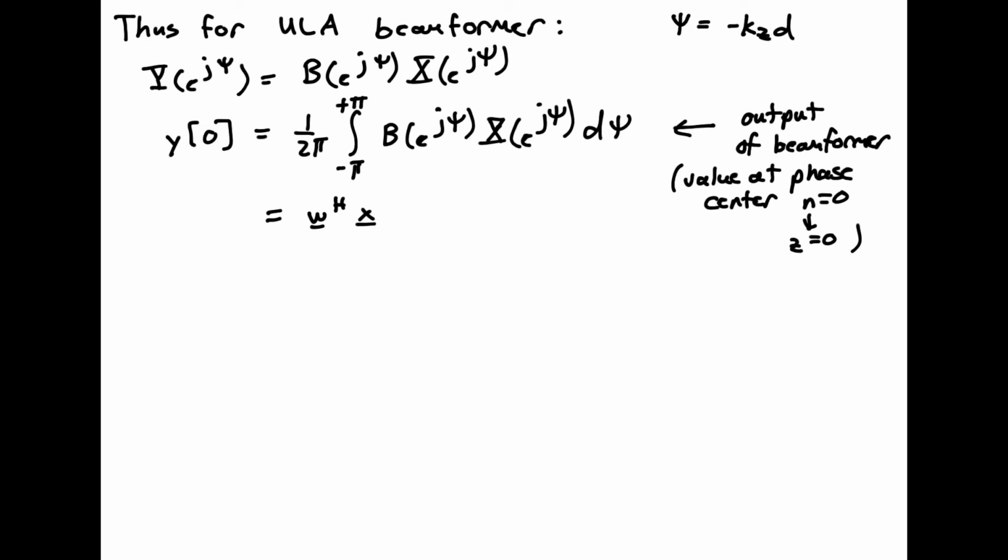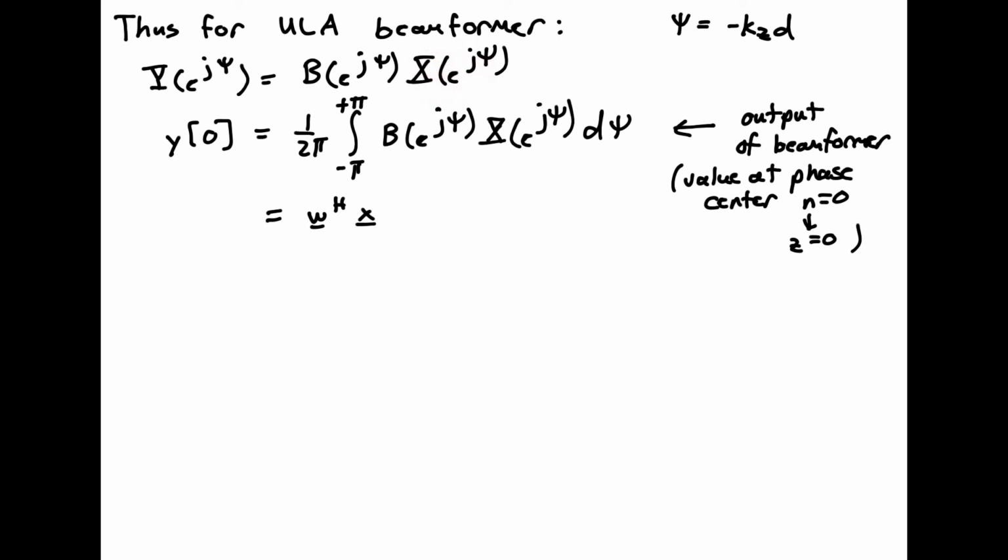Thus, we can say for a uniform line array beamformer that the Fourier transform of the output as a function of the spatial frequency variable psi, y of e to the j psi, is just the beam pattern b of e to the j psi times x of e to the j psi, where that's the Fourier transform of the input.